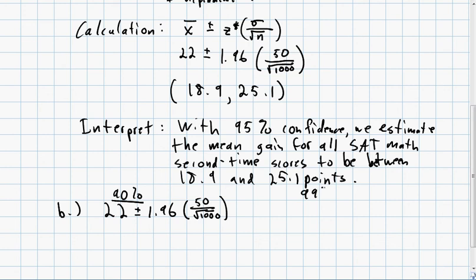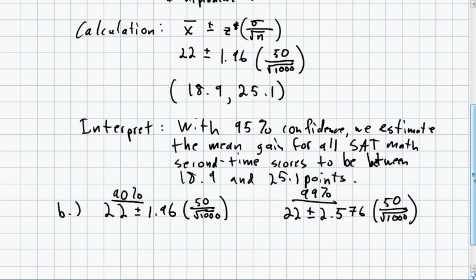And for 99%, we're going to do 22 plus or minus 2.576 times 50 over the square root of 1,000.